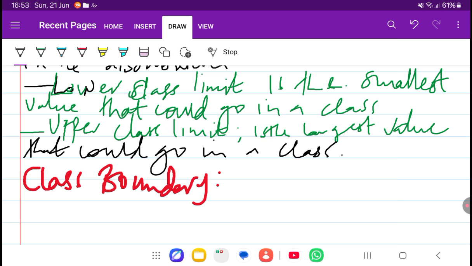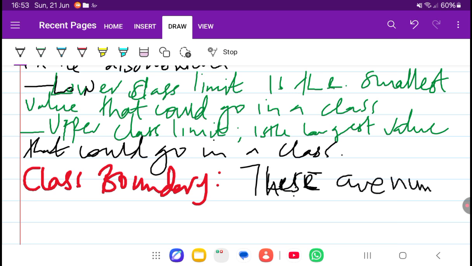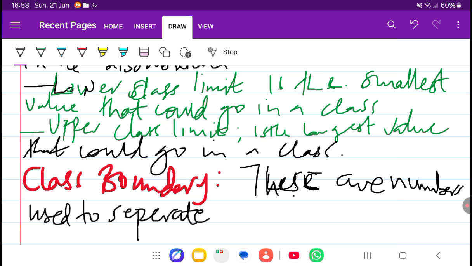So the class boundaries are numbers used to separate the classes.